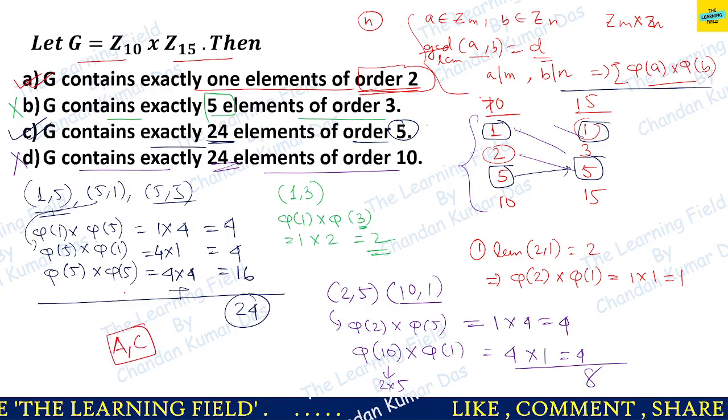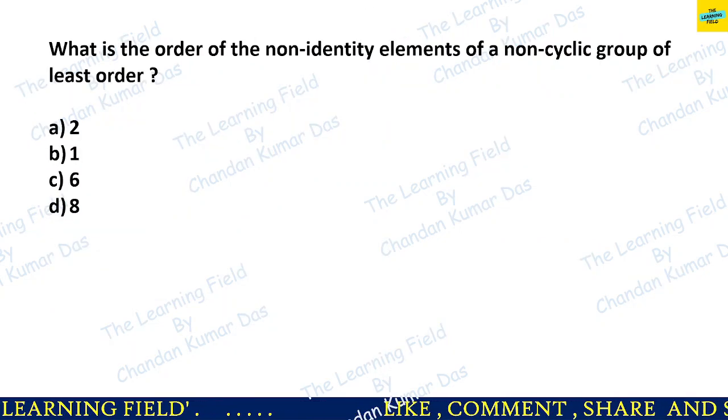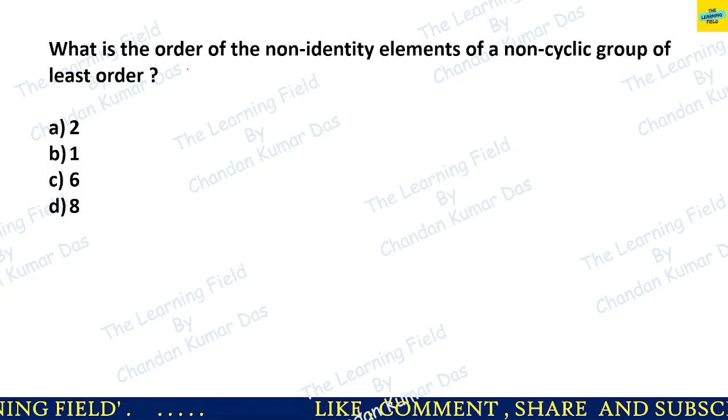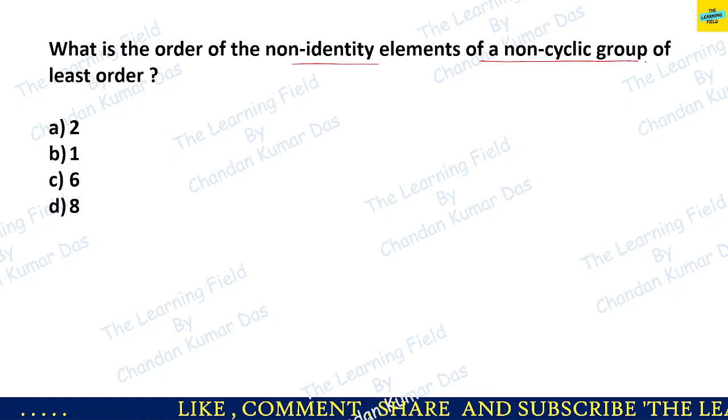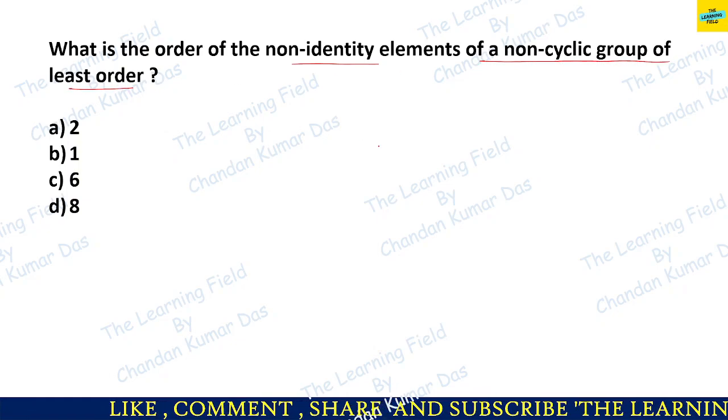Okay, going to the next question. Here it says: what is the order of a non-identity element of a non-cyclic group of least order?